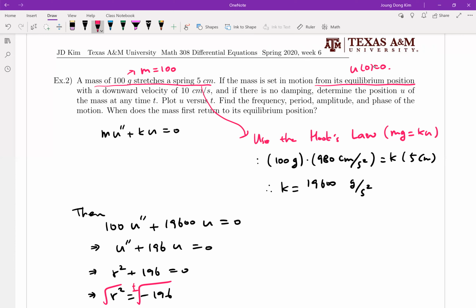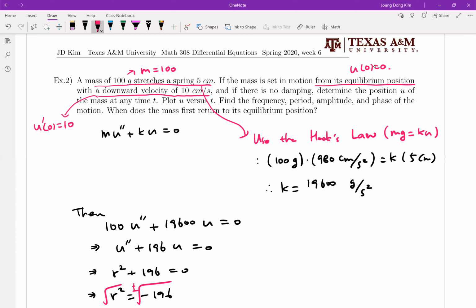Then the downward velocity is given. As long as your spring is stretching out, it is the positive direction, so downward velocity is a positive value in centimeter per second. We can use these two initial conditions to determine A and B.